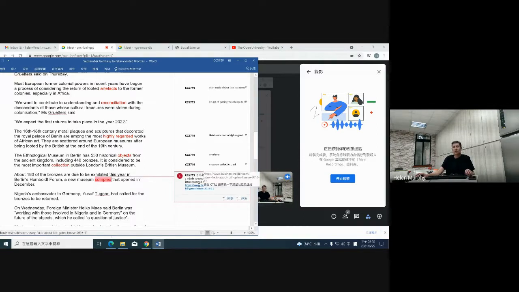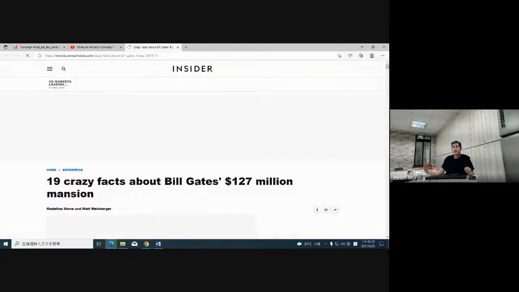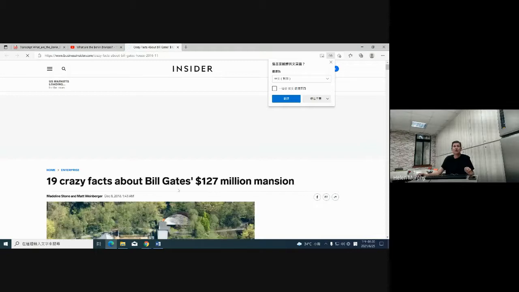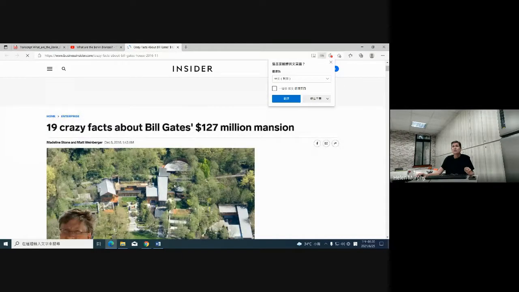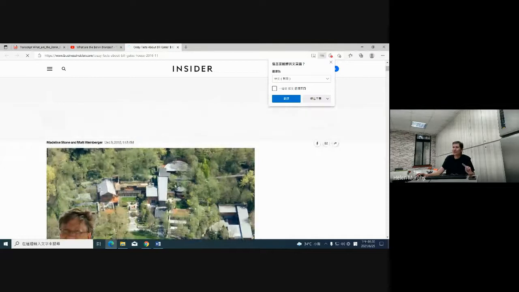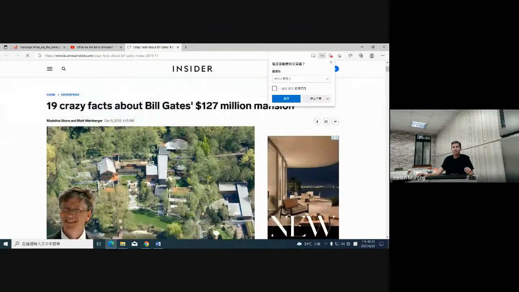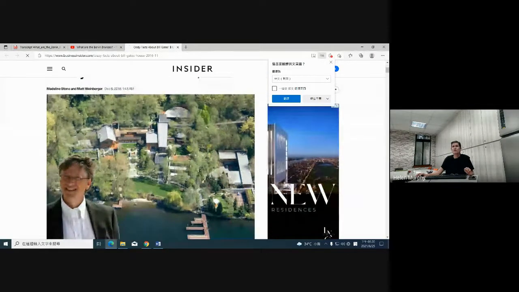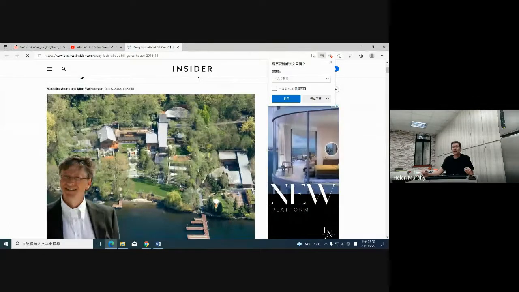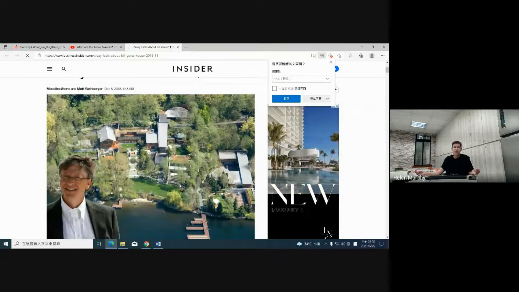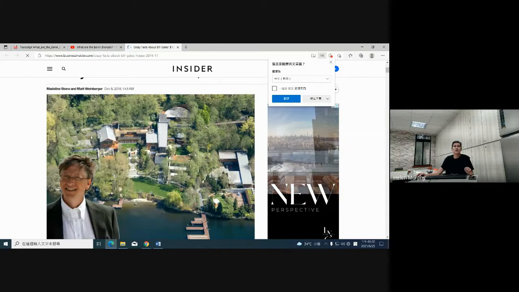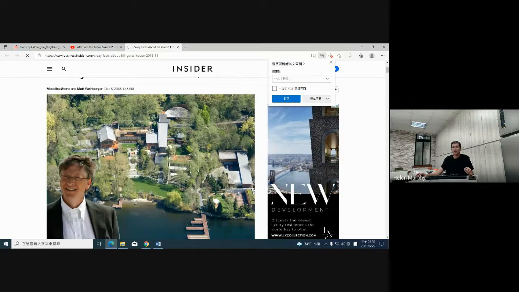We might also use it for a private home. I have an instance here where it makes sense to talk about a complex. Okay, so let's have a look at Bill Gates's $127 million mansion. Okay, so we would refer to a house like this as a complex because, as we can see, it comprises many different buildings. Okay, so it makes sense to talk about Bill Gates's house like this.